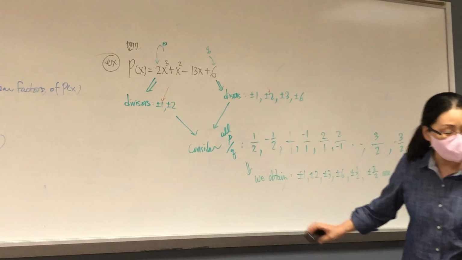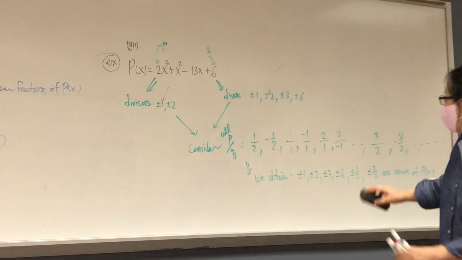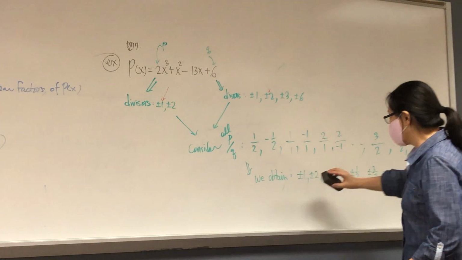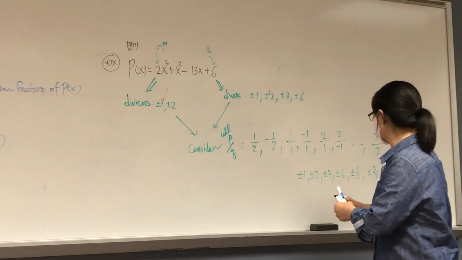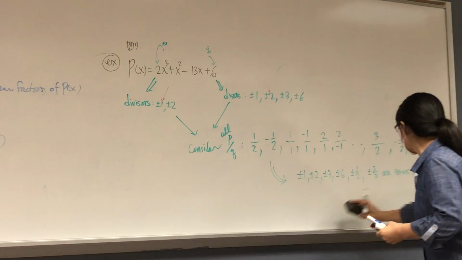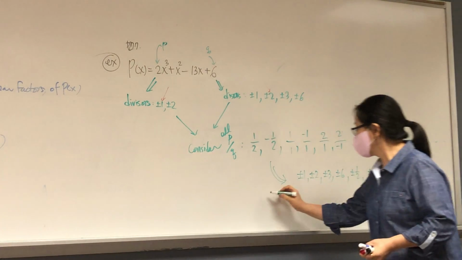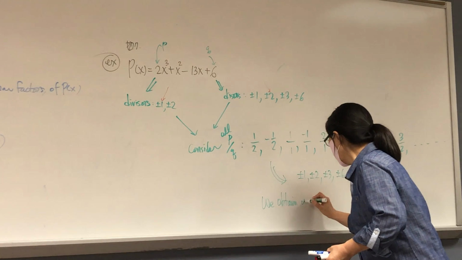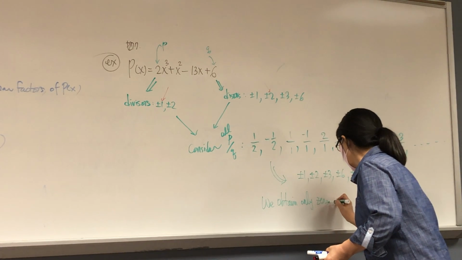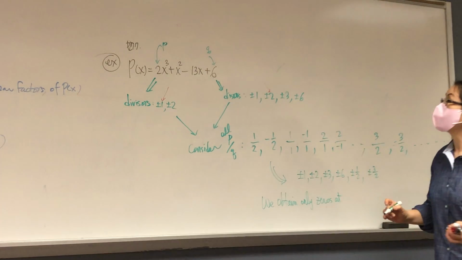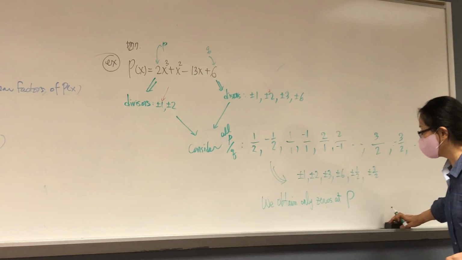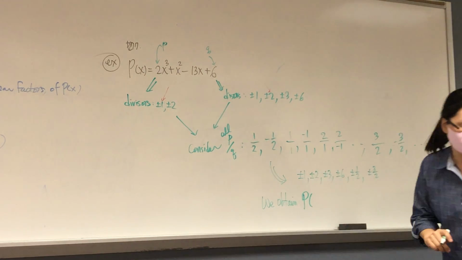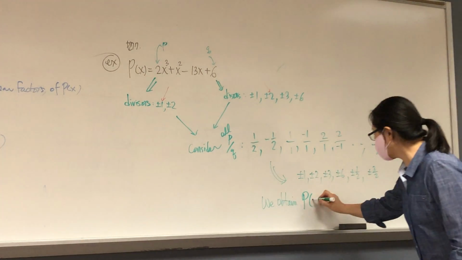So you will get this kind of stuff. But let me see. These are not zeros. So here, we obtain only zeros at what? We only obtain P of 2 is 0.